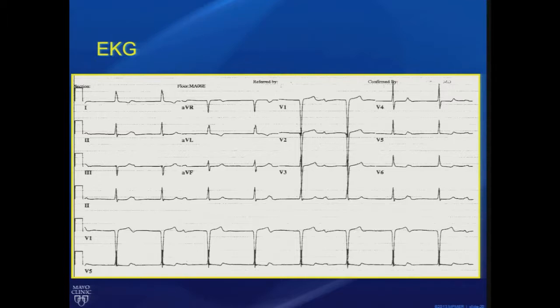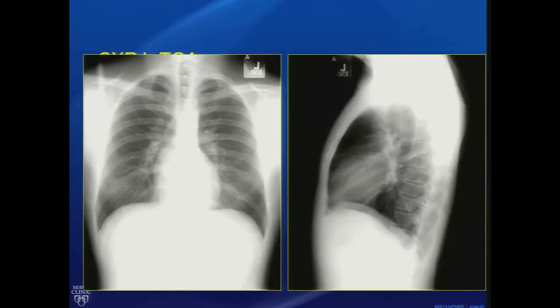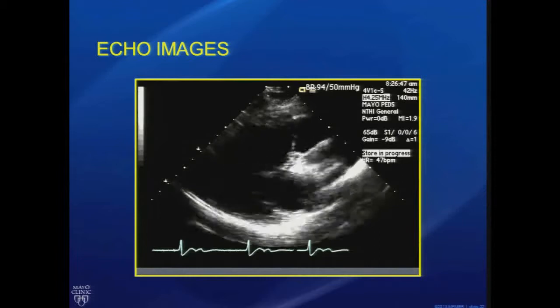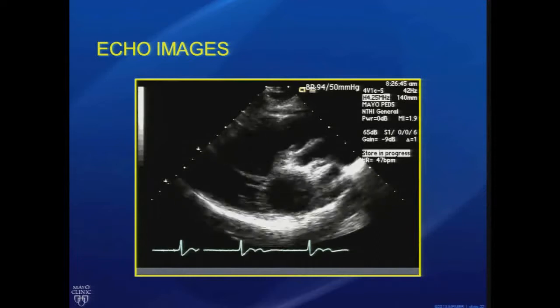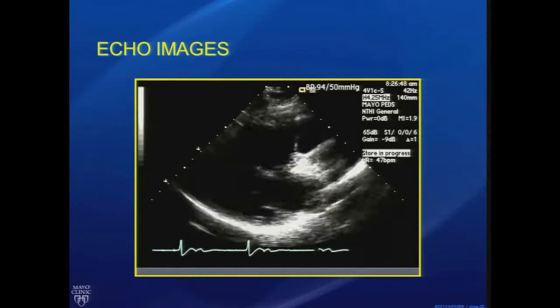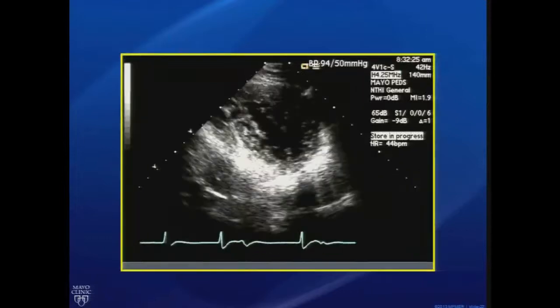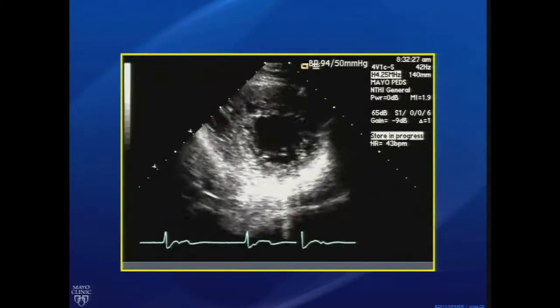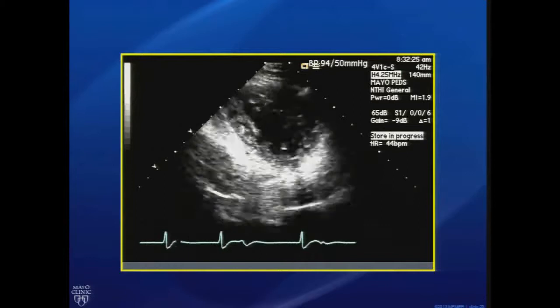I don't know how well that's transmitting up there, but I want you to take a look at that. Think about what that represents. Here's his chest X-ray. And here are the echo images. So parasternal long axis view. Parasternal short.